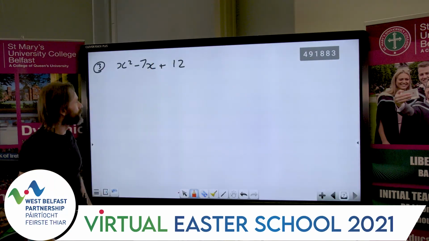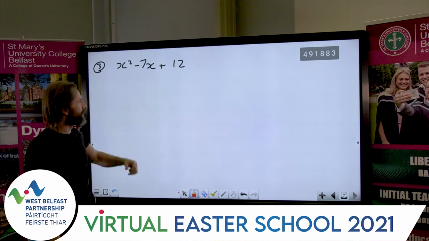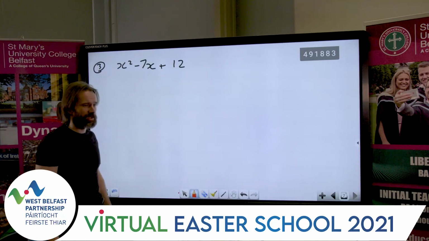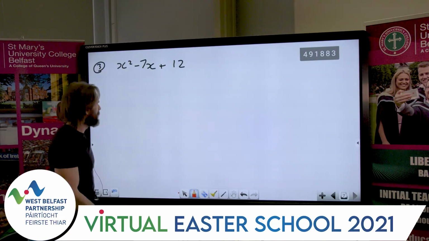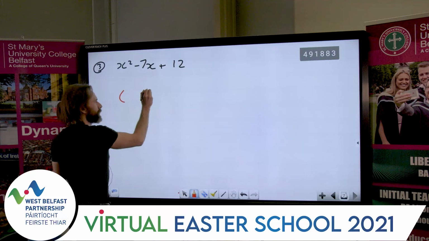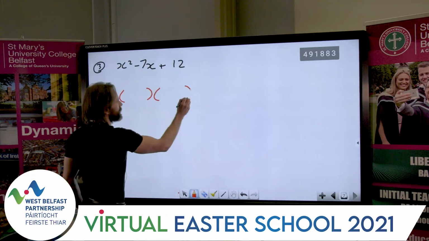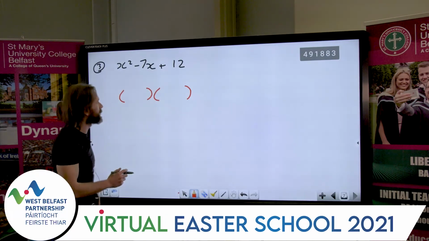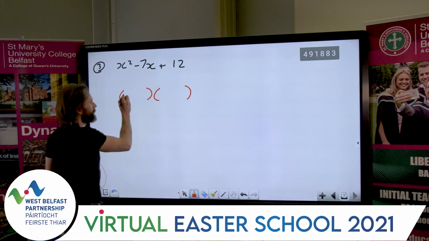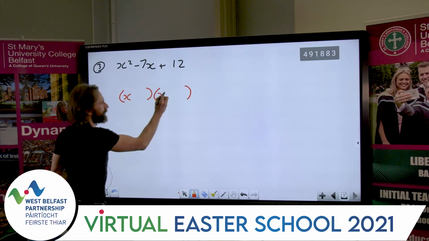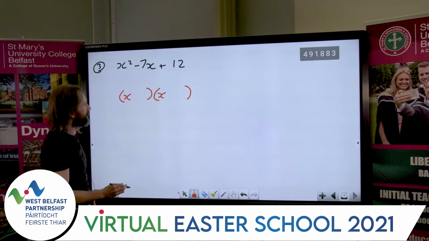So this is now on to our third example, and again we have the problem of a negative and a positive, having different signs within the expression we've been asked to factorise. So again, starting off very similar, we're working in reverse to put this into two brackets, and the only way we can get an x squared is if we have an x as the first term in each bracket.